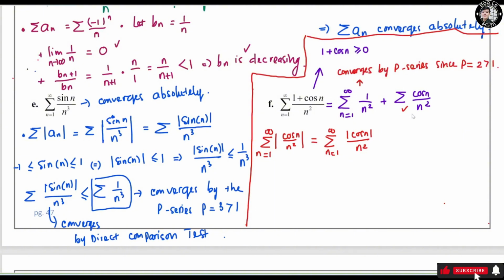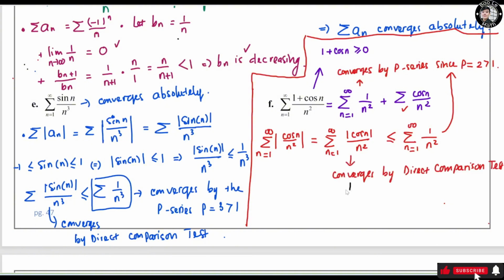Now you know that the absolute value of cosine n is always less than or equal to 1, right? So this is less than or equal to the series of 1 over n squared, right? But this one converges by P series since P equals 2 is greater than 1, right? So by the direct comparison test, this converges.